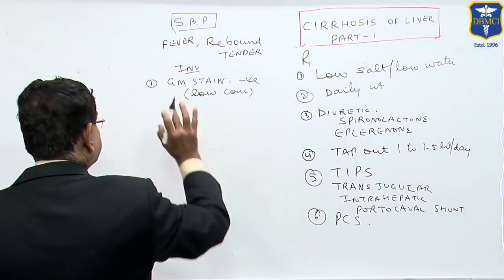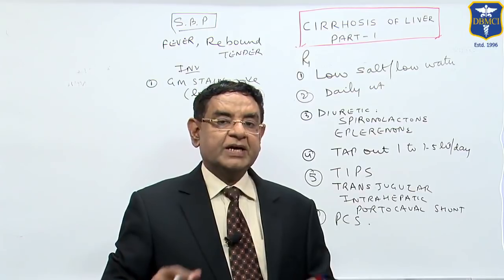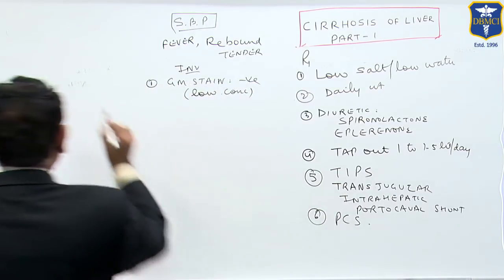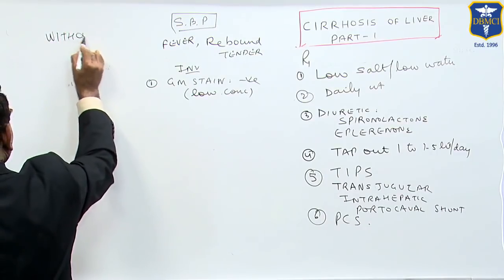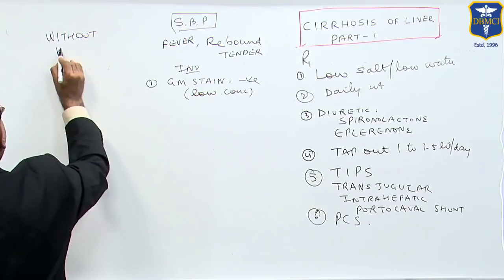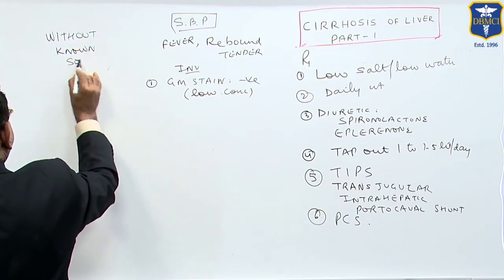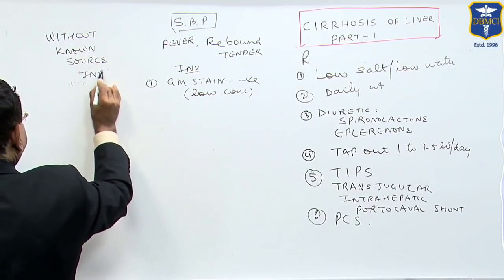Remember, spontaneous bacterial peritonitis is an infection of the ascitic fluid without any known source of infection.